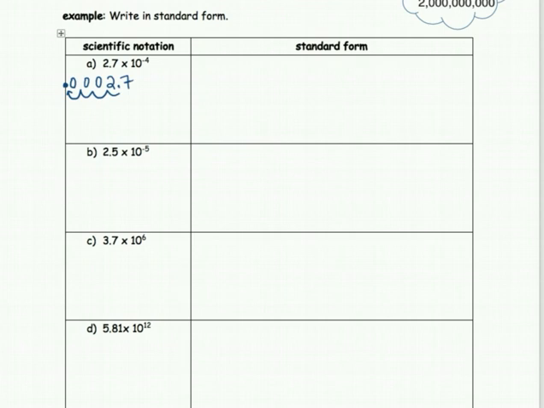Okay, so let's write that out. So write the decimal, and then 1, 2, 3 zeros, and then the 2, 7. So that decimal is no longer between 2 and 7. It's over here now, and people like to write the leading 0 here, 0.00027. Okay. All right, let's try the next one.